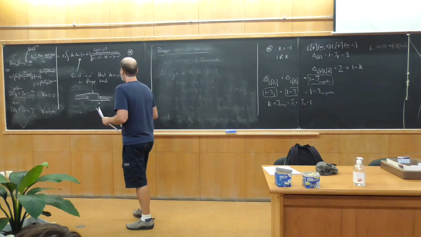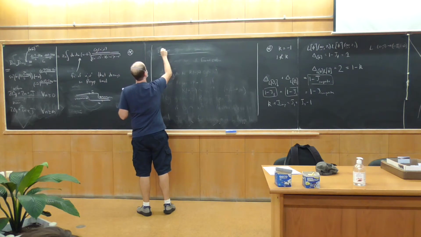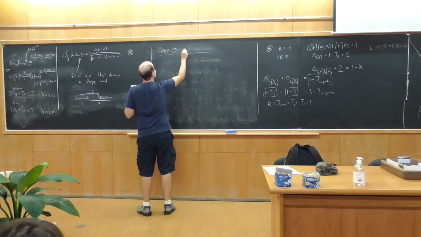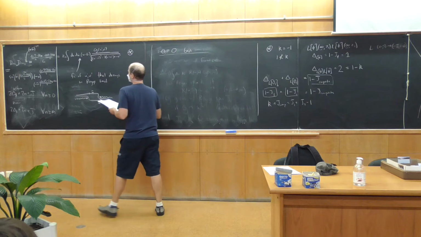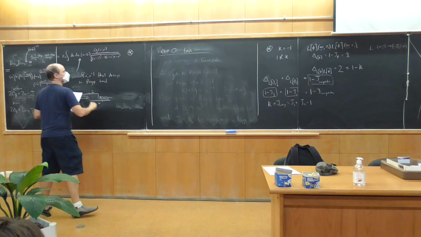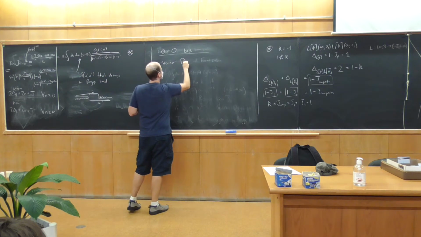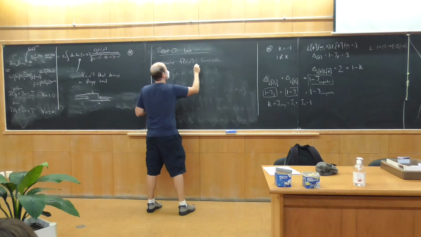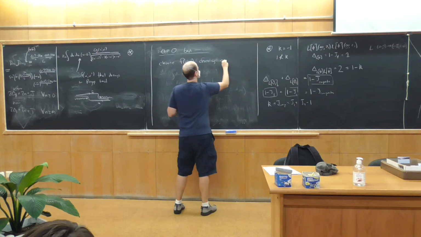The way to not get 0 equals 0, which is bad, is to choose our subtraction. Maybe I should give the subtraction a name. We want to choose f of u prime v prime to be crossing antisymmetric.